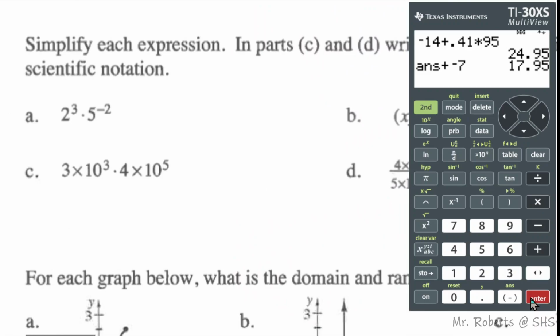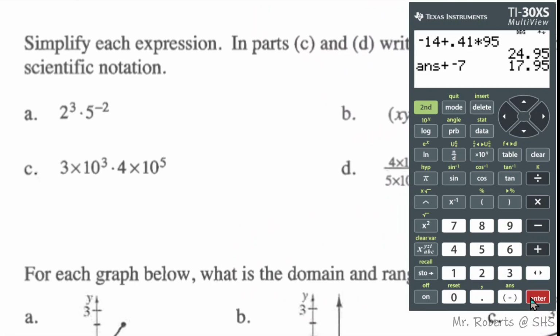Next question. That's great. Simplify each expression. Oh, I love this. So this first one is 2 to the third over 5 squared. 2 to the third would be the number 8, and 5 squared is 25. It's 8/25.